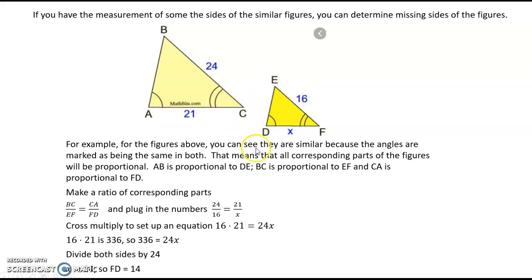Angle C and angle F correspond to each other. And by default, angle B and angle E have to correspond to each other because the other two angles match up.